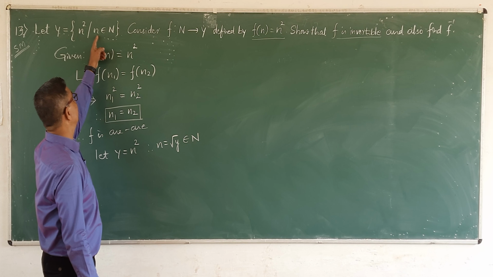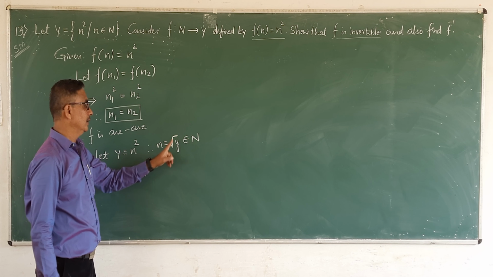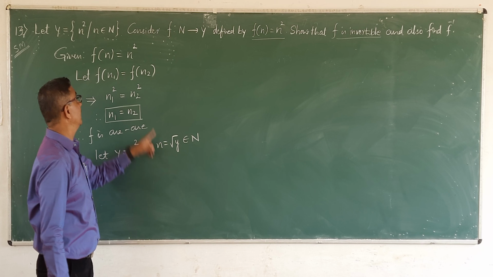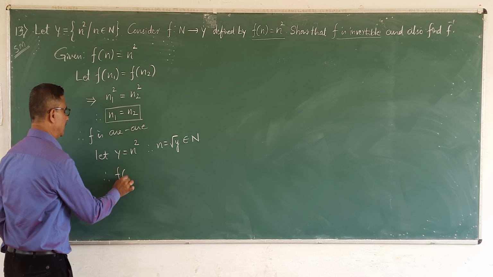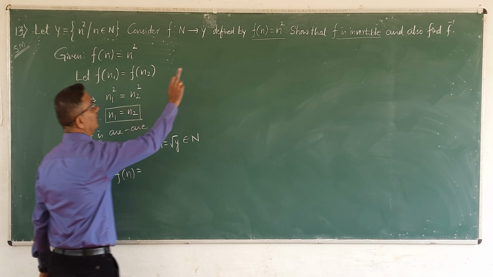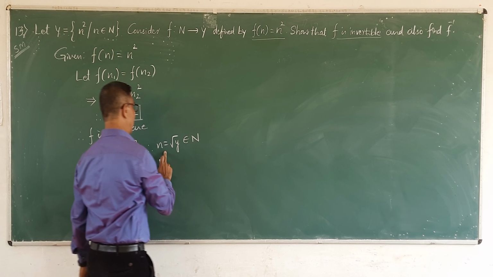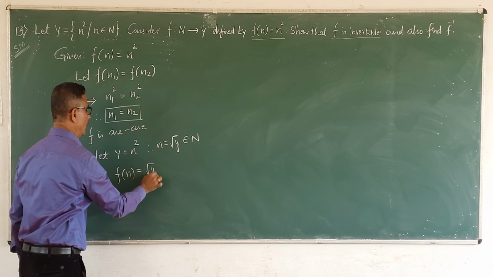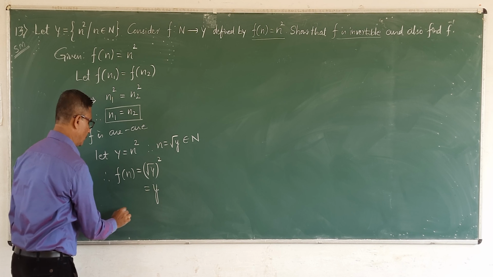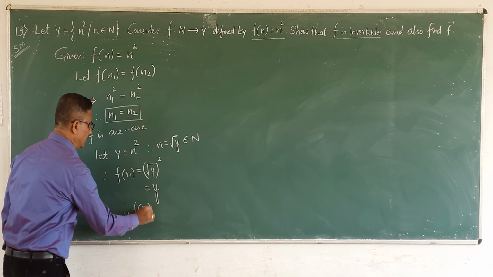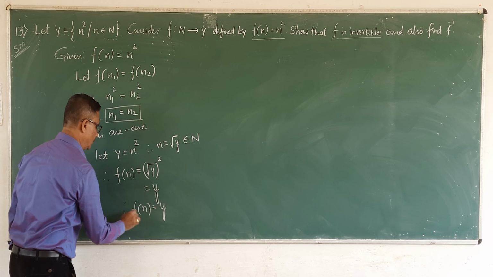Root y is equal to n, but n is a set of natural numbers. Therefore, f of n is equal to n square, but the value of n is root y to the power of 2. But root y to the power of 2 is y. Therefore, f of n is equal to y.